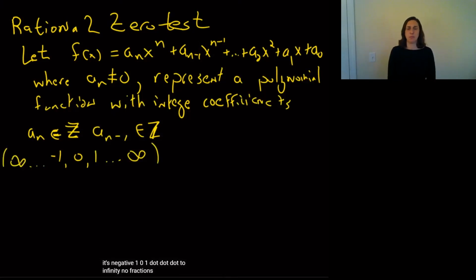No fractions. If you get polynomials that have fractions or real numbers in them, what we do is we usually divide them into integers or multiply them in integers. And I'll show you that once we start using them.